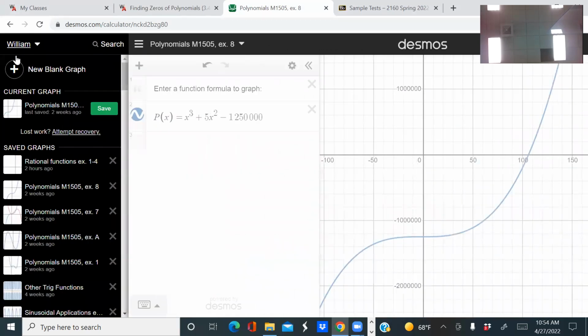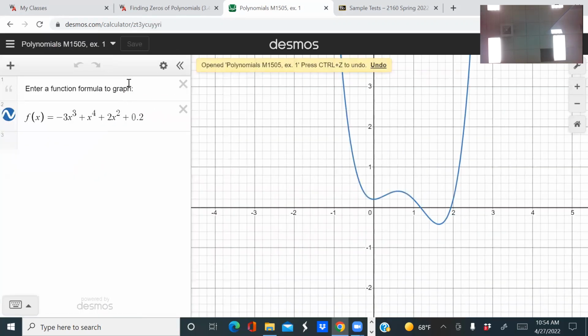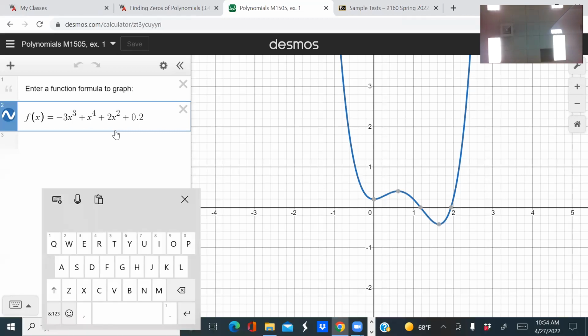Let me see if I have something that's easier to graph here. Let me try altering this graph. So I can use f of x equals, instead of b, let's use x cubed. So let's use x, in other words, instead of b as the variable. So what's the coefficient there? Just 1, right?